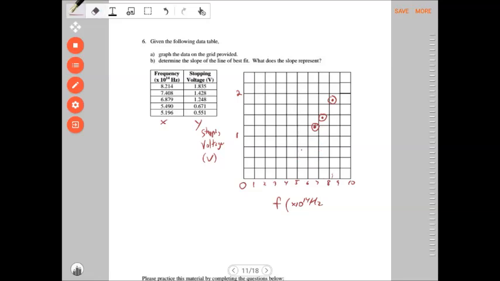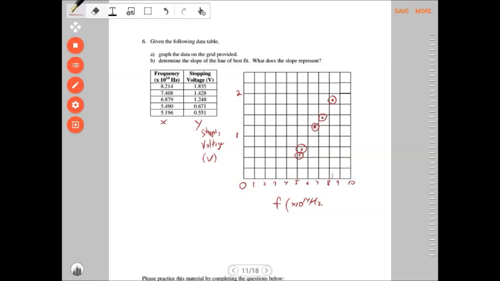So probably about right there-ish. Again, we want to be as close as we can. And then 5.2-ish, 5.2 and 0.551, so it's kind of like in there. All right, so there's our points.